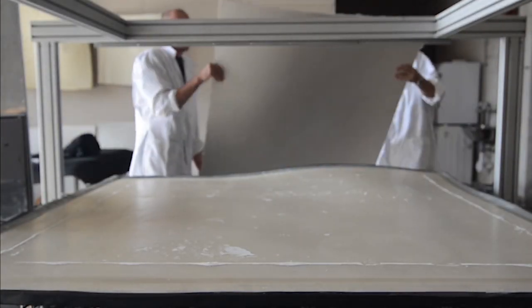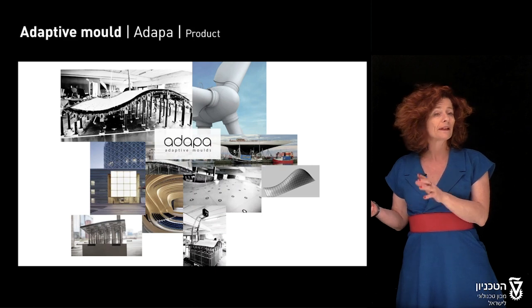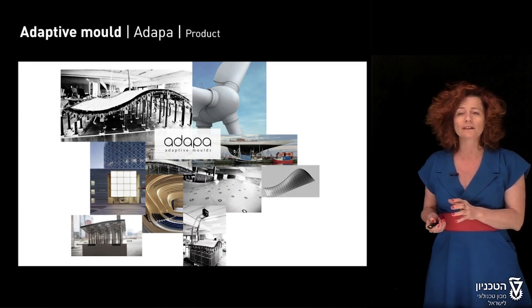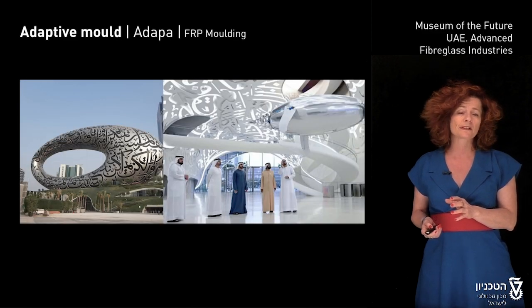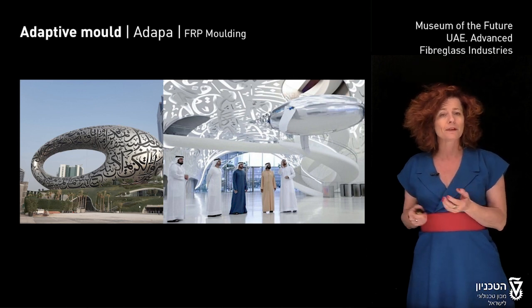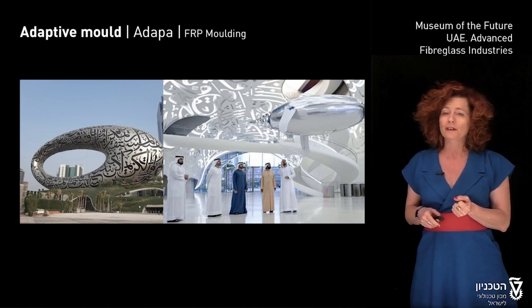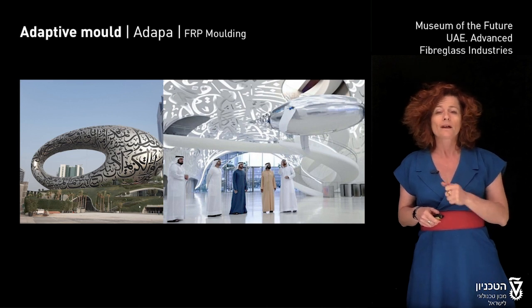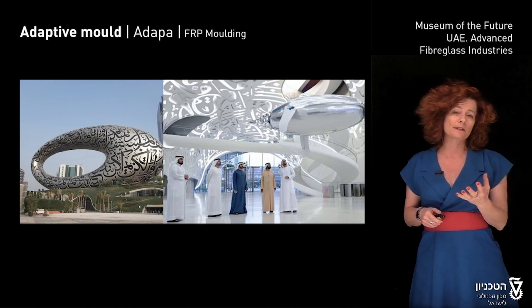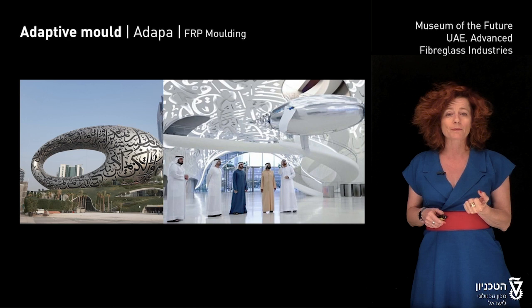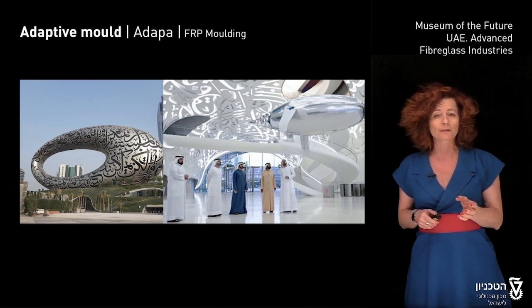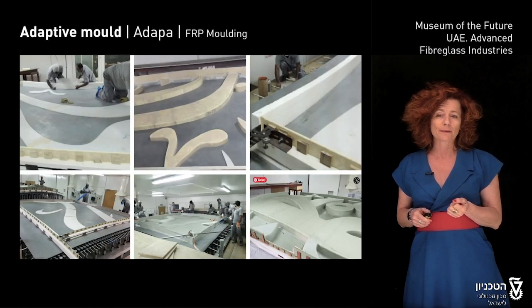Adapa has been applying this to composite and to concrete elements so far. And specifically interesting for architecture, we have this example of the Museum of the Future in Dubai, where all the facade elements that you see and the internal elements are of different types of fiber composites, and they use adaptive molds.